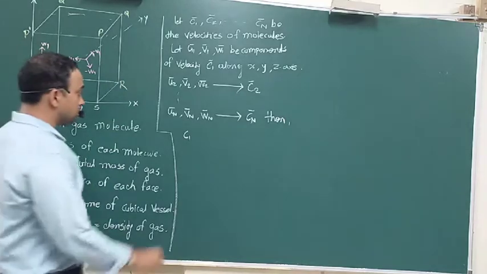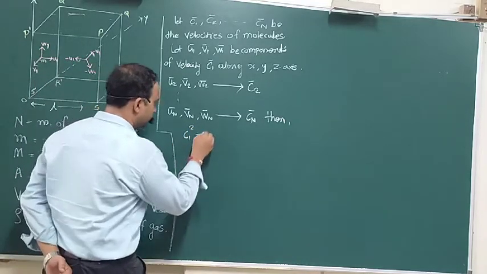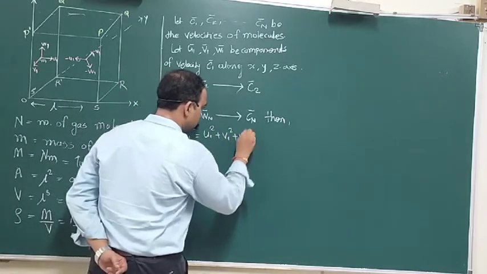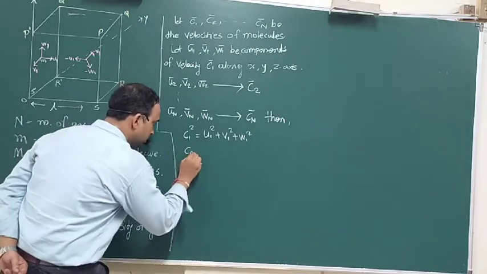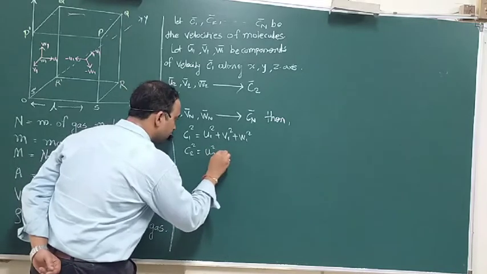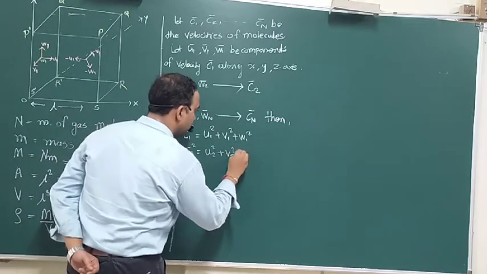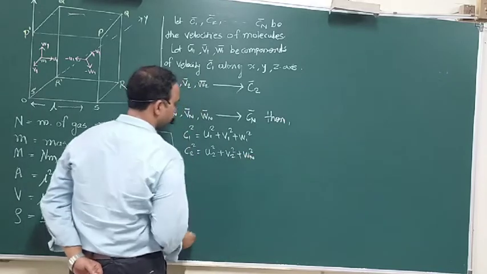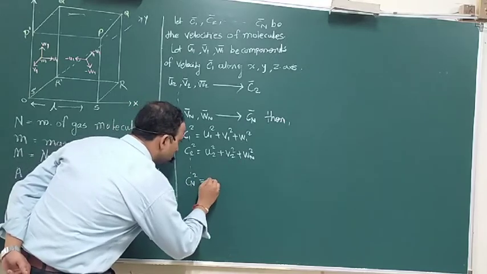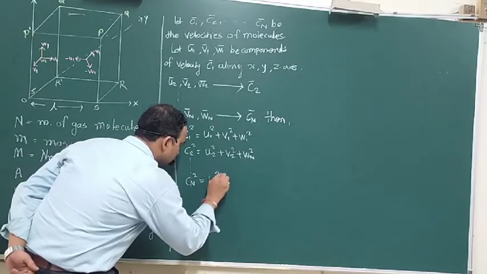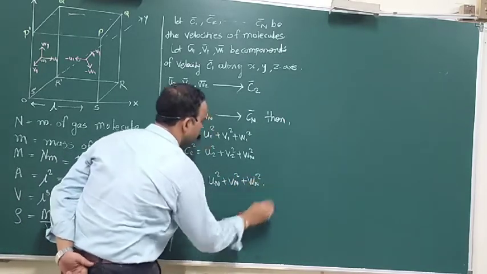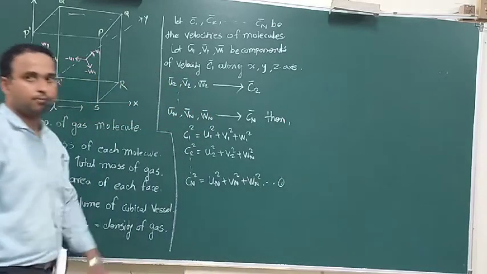Then C1 square is equal to U1 square plus V1 square plus W1 square. Similarly, C2 square is equal to U2 square plus V2 square plus W2 square. Similarly, Cn square is equal to Un square plus Vn square plus Wn square. Call this equation number 1.